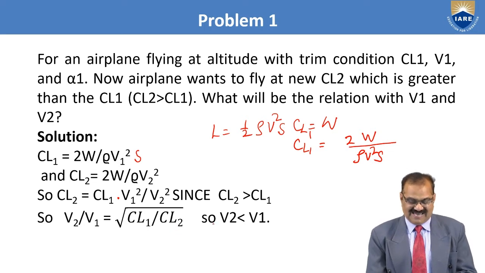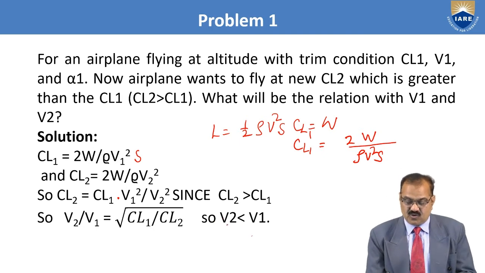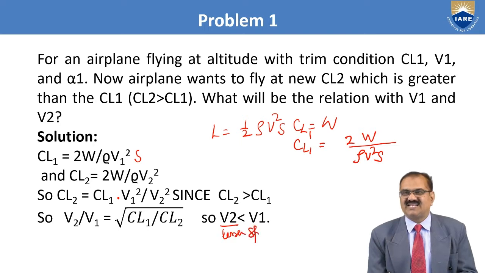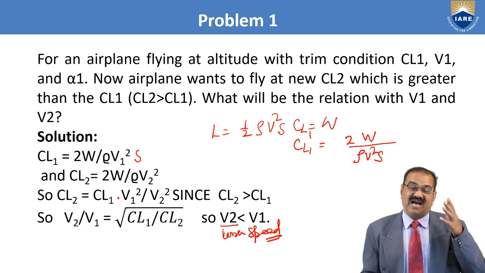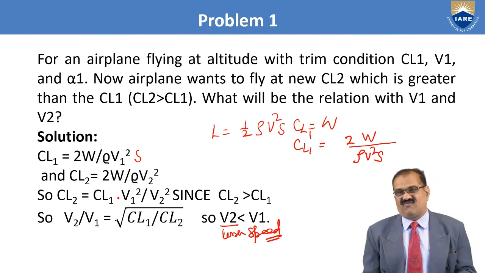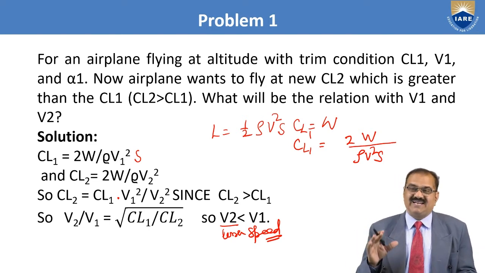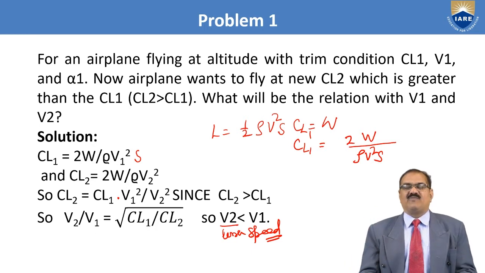So here we can say that if CL2 is high, the aircraft has to fly at less speed, so V2 is lesser. If you want to fly at a higher coefficient of lift, this is used during landing and takeoff, especially during landing, where we need a much higher coefficient of lift.